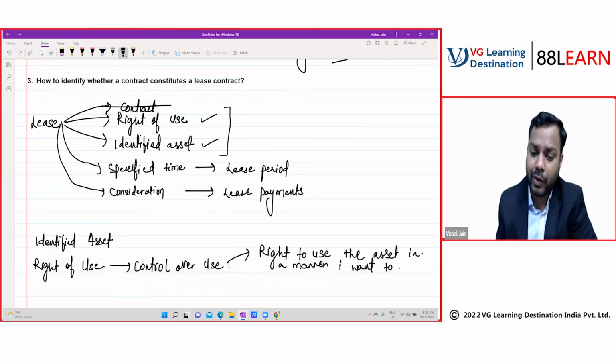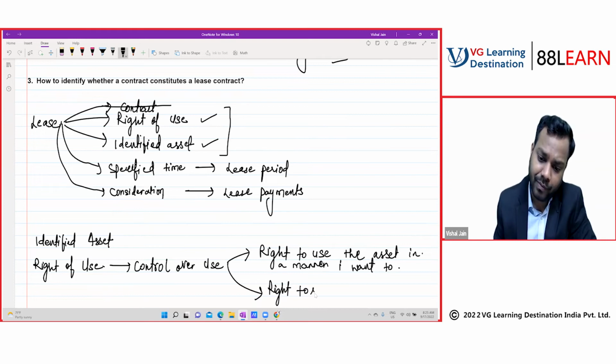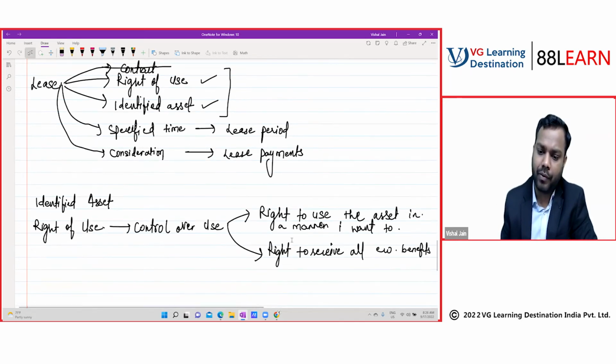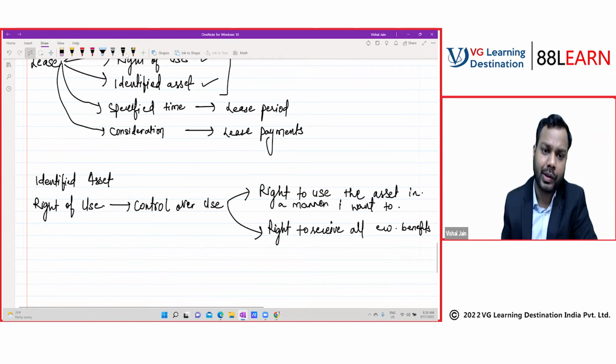Plus, if I've got the control over use, it means I have got the right to receive all the economic benefits that come from using the asset.